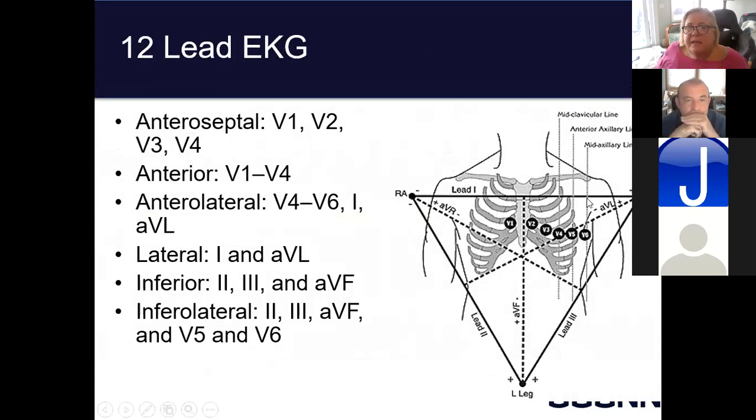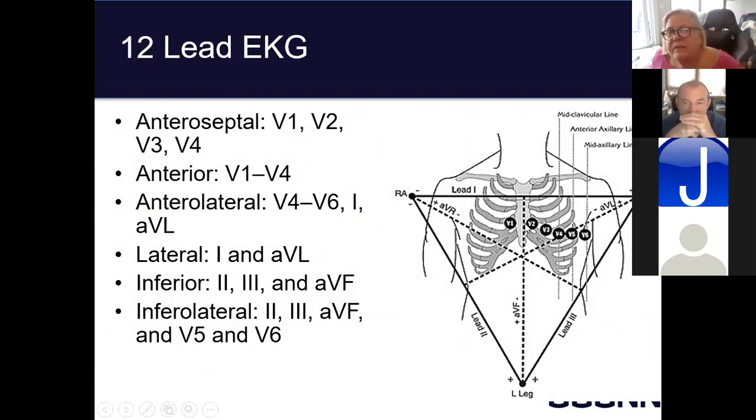We talked last week and I said, hold on, I'll answer this question because we talk about a 12 lead EKG, but we only have 10 wires. Why is it called 12 lead? Well, the 10 wires get placed. You have your limb leads, right arm, right leg, left leg, and so that's 4.